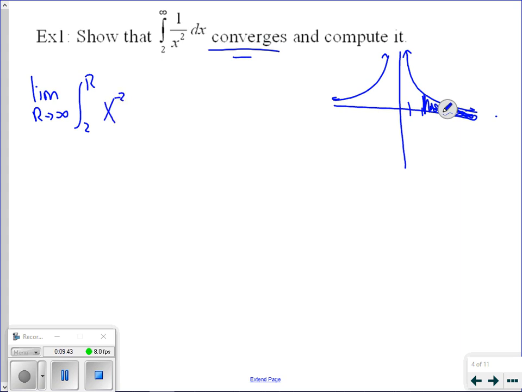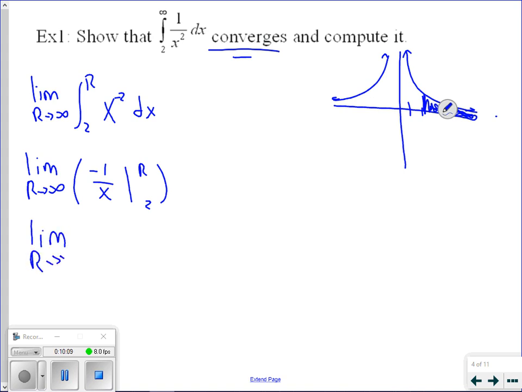If I integrate it, plus 1 and divide, that would be negative 1 times x to the negative first, or negative 1 over x, evaluated from 2 to r. We plug r in, and we plug 2 in. So we have negative 1 over r, subtract negative, which makes it plus, 1 over 2.